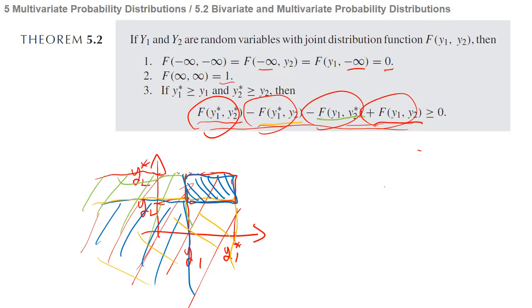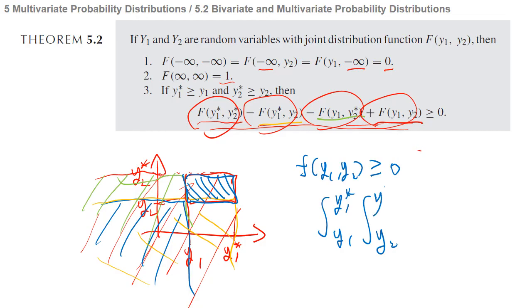Since the joint density function is always greater than or equal to 0, integrating it from y1 to y1 star and y2 to y2 star over t1, t2, okay.